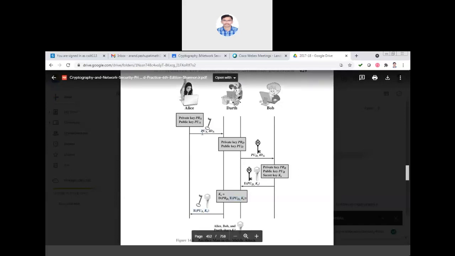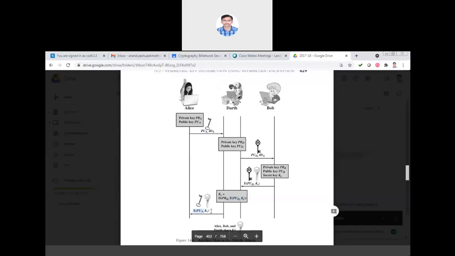Now A thinks that he received this message from B. As he had requested B, A thinks he got a response from B along with the secret key KS.